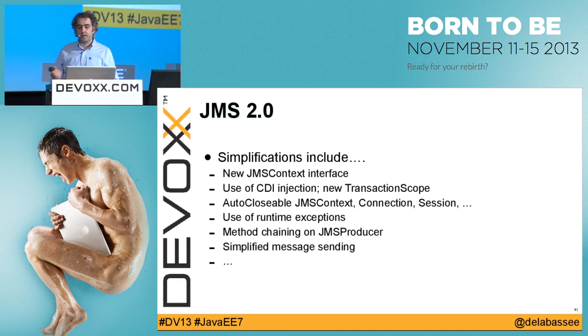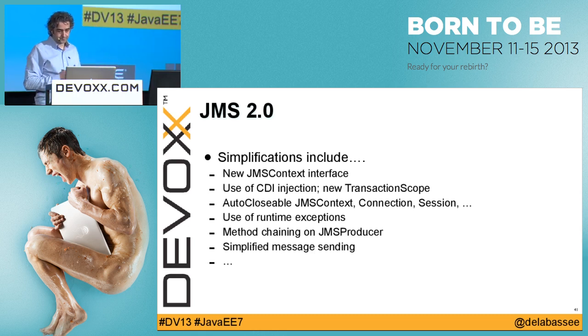We are using runtime exceptions. In JMS 1.1, exceptions are checked, so you need to handle them. Now we have runtime exceptions. Method chaining on JMSProducer, again this fluent builder pattern where you invoke a method on a method and so on. So the new simplified API has three interfaces: JMSContext, JMSProducer, and JMSConsumer.